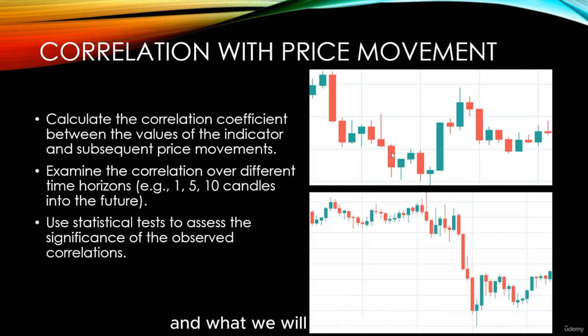And what we will do, we'll check the average closing price of the future 5 candles, for example. And we will have an average price which is below the closing price of the signal candle. Then we compute the difference between the signal candle's closing price and the average of the future price. And this is a negative difference because we have a negative trend here.